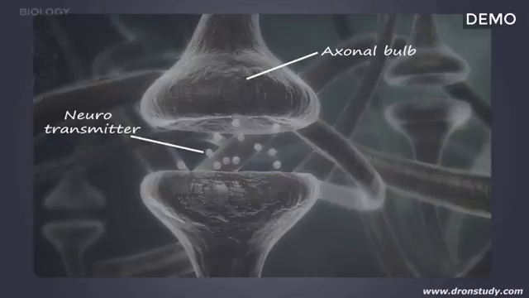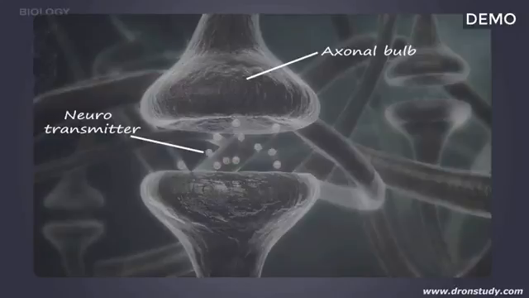Now we had seen that in the sympathetic nervous system there was noradrenaline, adrenaline, and in parasympathetic it was acetylcholine. So these are the different types of neurotransmitters. In fact, there are many others, but these are the main ones that we usually come across. These neurotransmitters are inside these synaptic vesicles, and they are the ones which are going to carry the impulse further to the next adjacent neuron.